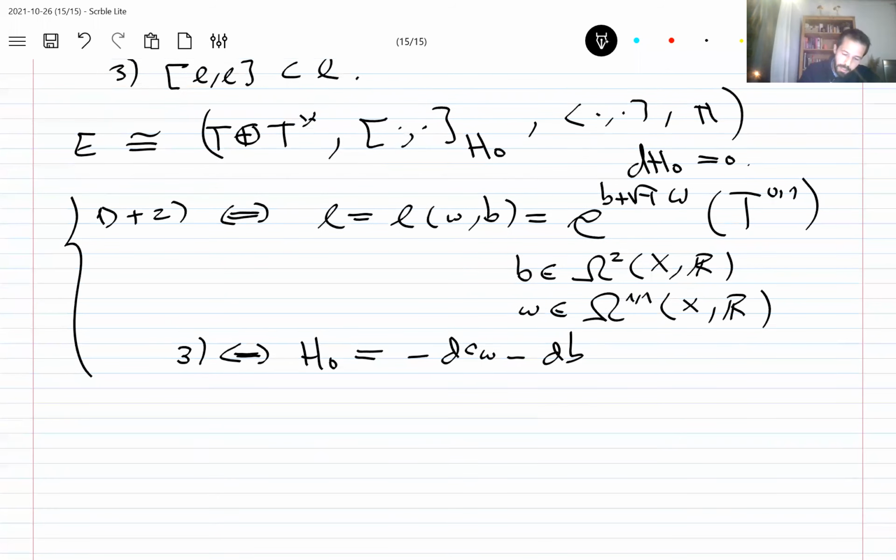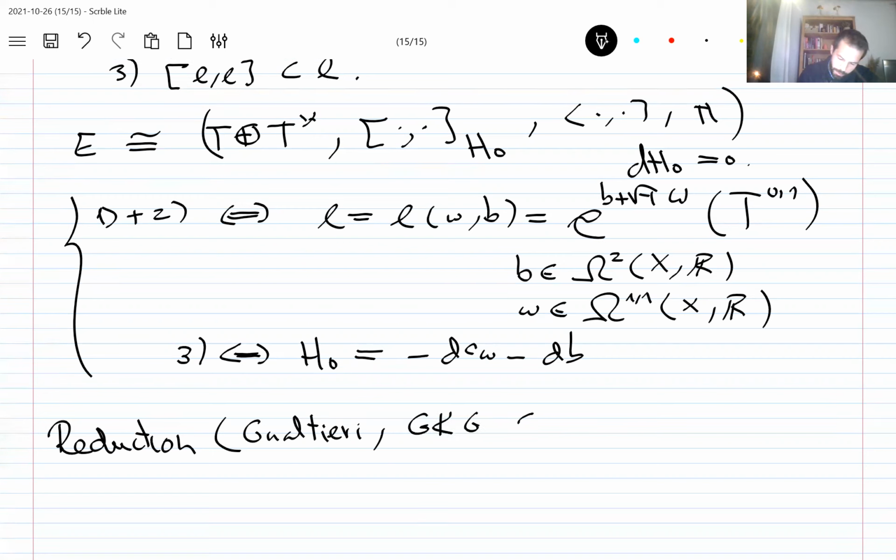Okay, so given an isotropic splitting, we can undertake a reduction procedure. Again, this is a construction by Marco in his paper about generalized Kähler geometry in CMP.